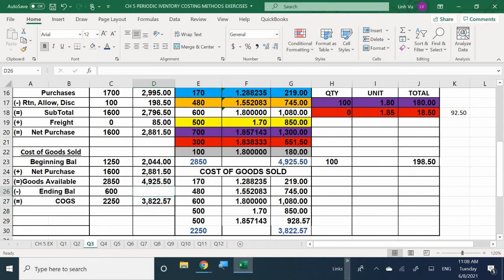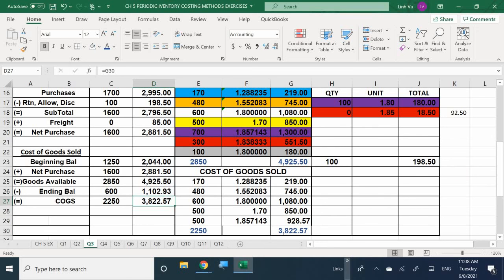All right. So therefore, what should be my total ending balance? $1102.93. Good. 1102.93.